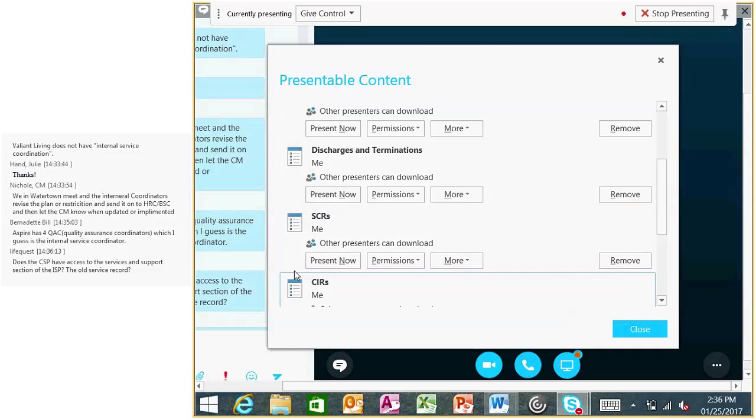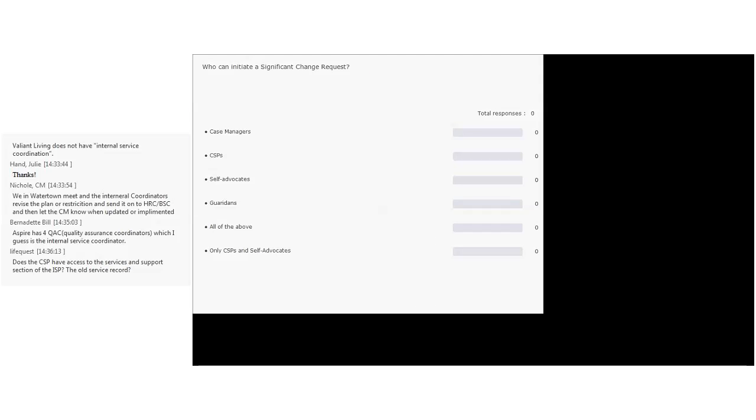All right, so we have another poll question, so everyone could take a few minutes. The question is, who can initiate a significant change request?